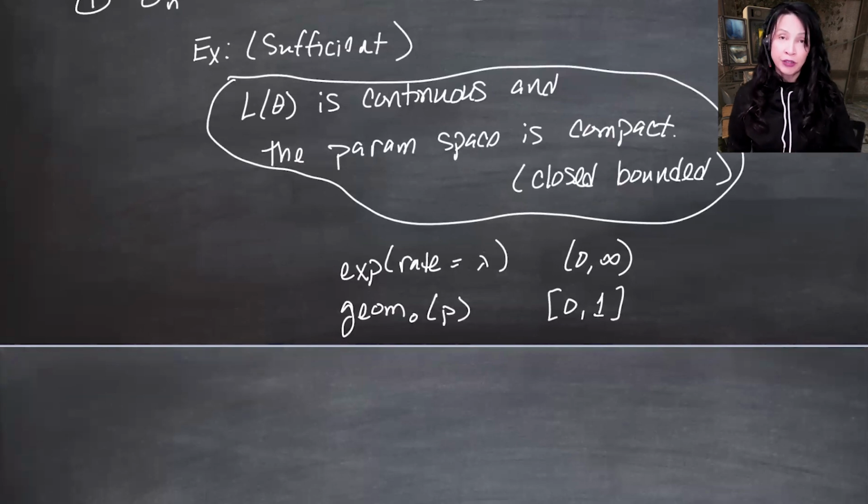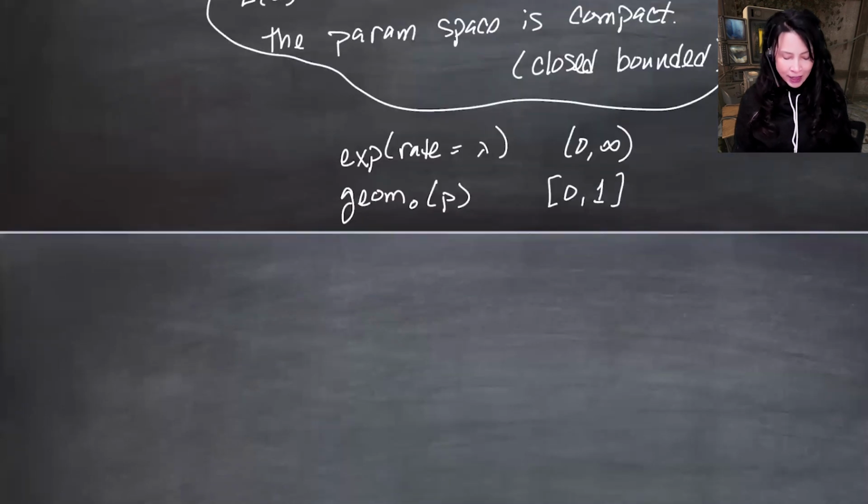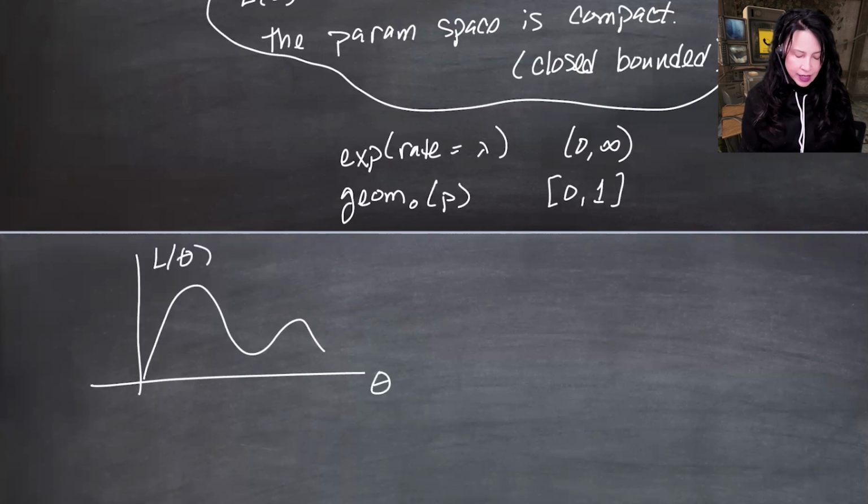If you go to find critical values by taking derivatives and setting them equal to 0, if you get multiple solutions, then you might still have a unique maximum. You might have something that is bimodal. This might be your likelihood. This picture, assuming nothing strange is going on out in the tails, seems to have a unique maximum.